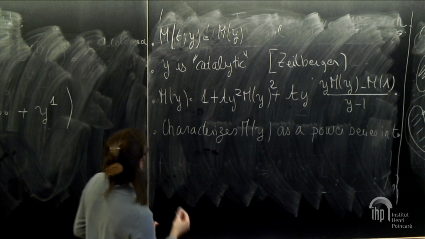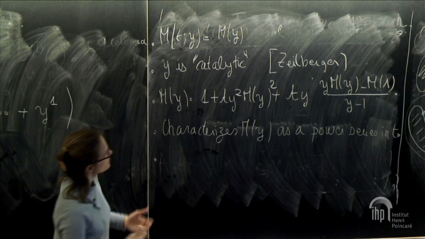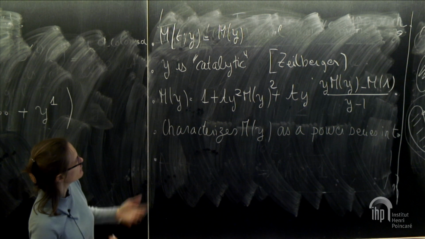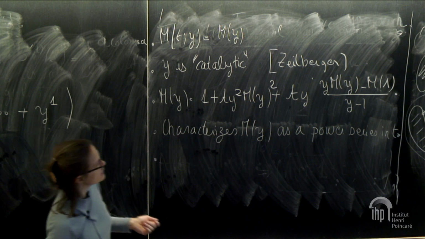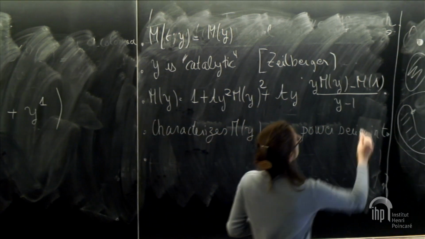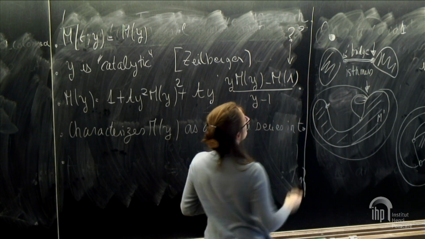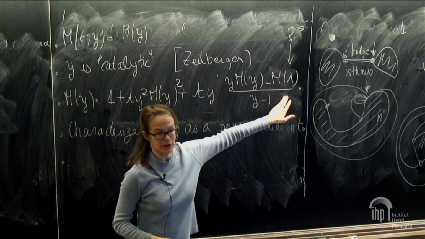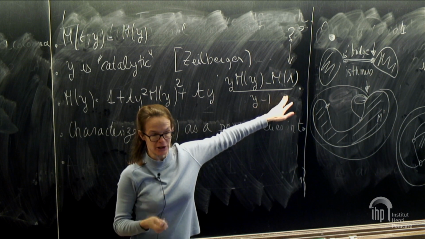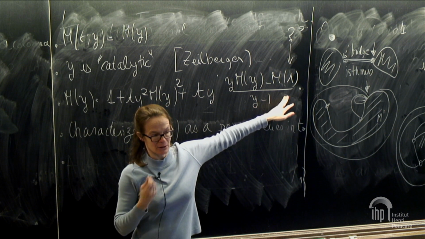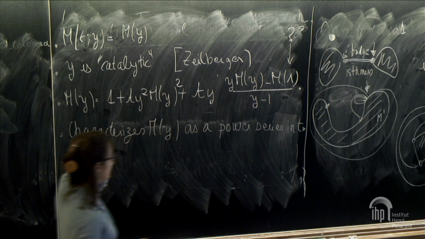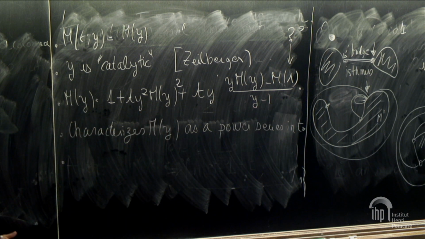Now, there are some obvious things that we could do. Say we want to determine m of y, or it suffices to determine m of 1, which is just the generating function of maps counted by edges, forgetting about the outer degree. So what could we do?